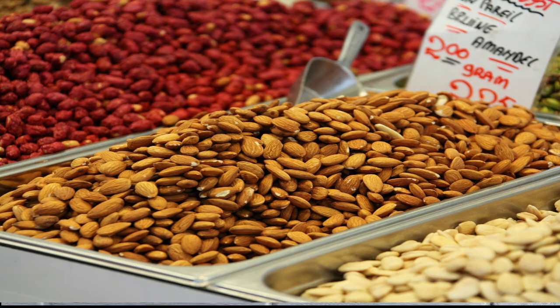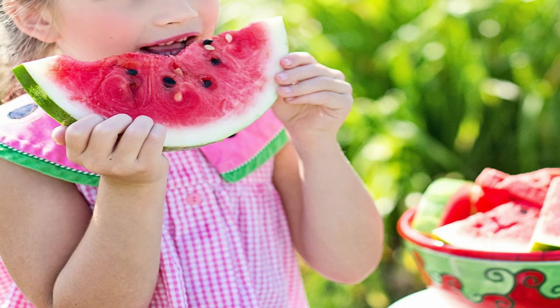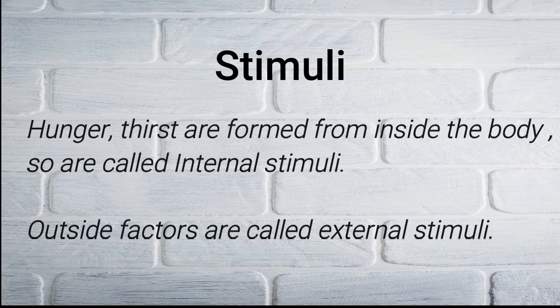And sometimes we are sitting doing nothing, and around noon we get hungry, or we get thirsty on a hot day, or even on a normal day, and that is formed from inside the body. They are also called stimuli. So there are internal and external stimuli.